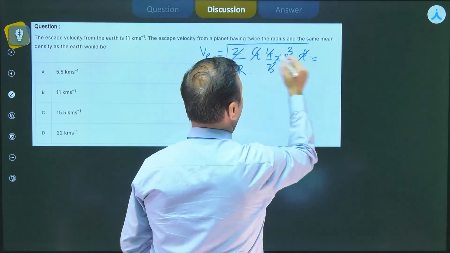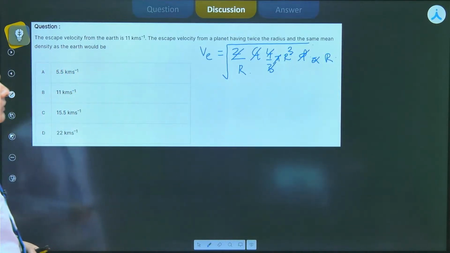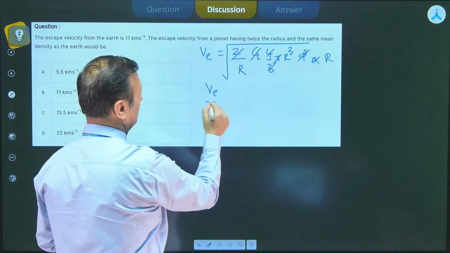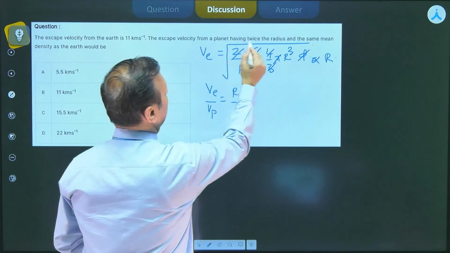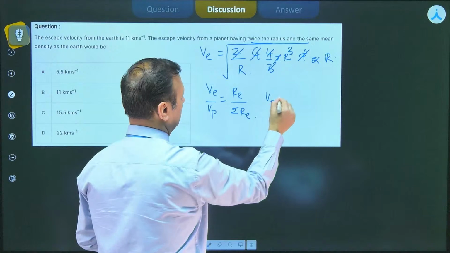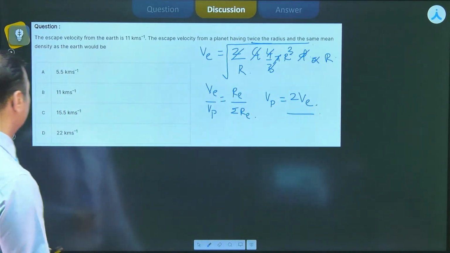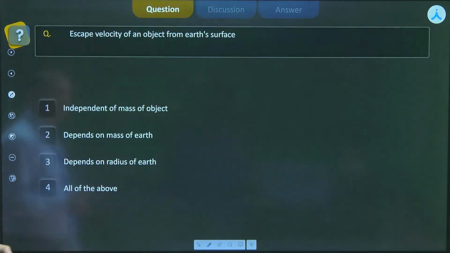So this is primarily depending on R only. Twice the radius: the radius of Earth and this planet having twice the radius, 2Re, so that becomes 2 times Ve, and that means 22 km per second is the correct choice.